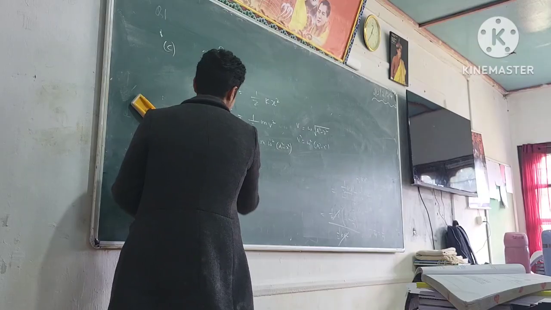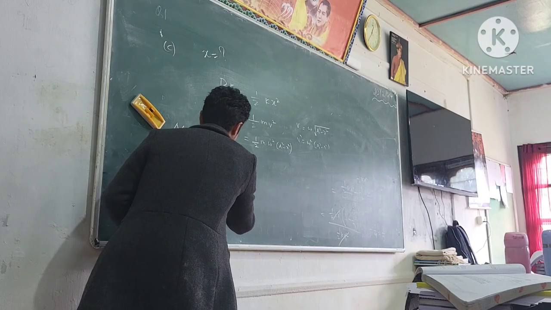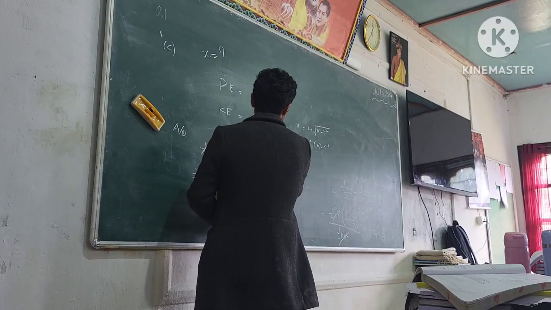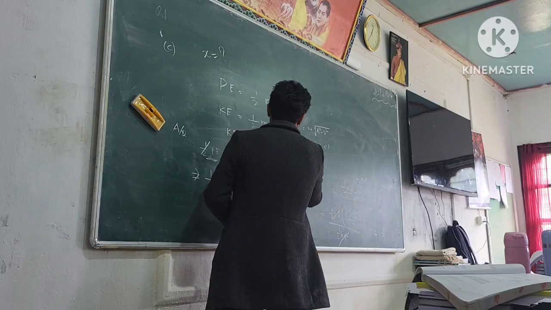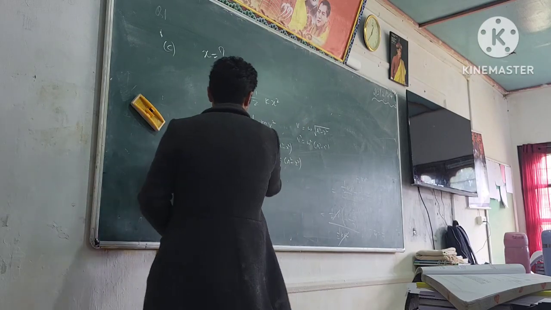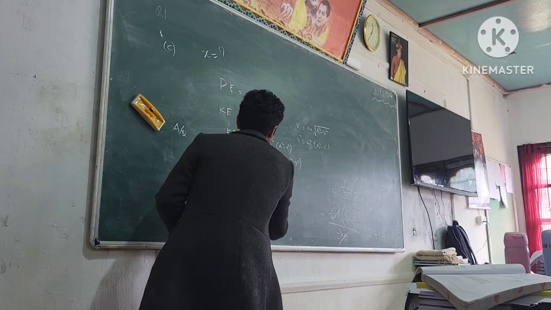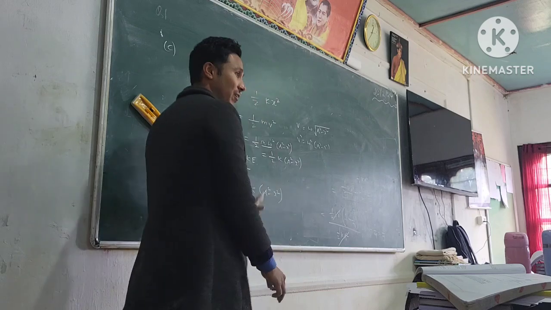Potential energy is half k x square equals to, let me just finish here. What is m omega square, do you think? It is nothing but k. So it is half k times a square minus x square. That is the kinetic energy. Simple so far.